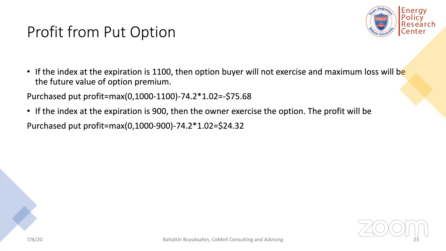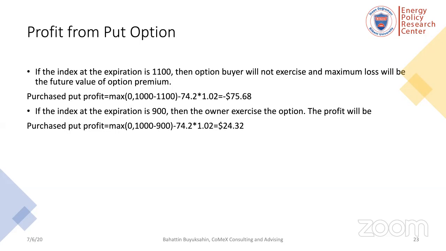To calculate the profit from the option, if the index at the expiration is 1100, then the option buyer will not exercise. The maximum loss will be the future value of the option premium. He is going to lose the option premium, which is $74.20, and then I need to calculate the future value of $74.20 at an interest rate of 2% for the whole 6 months, which is $75.68.